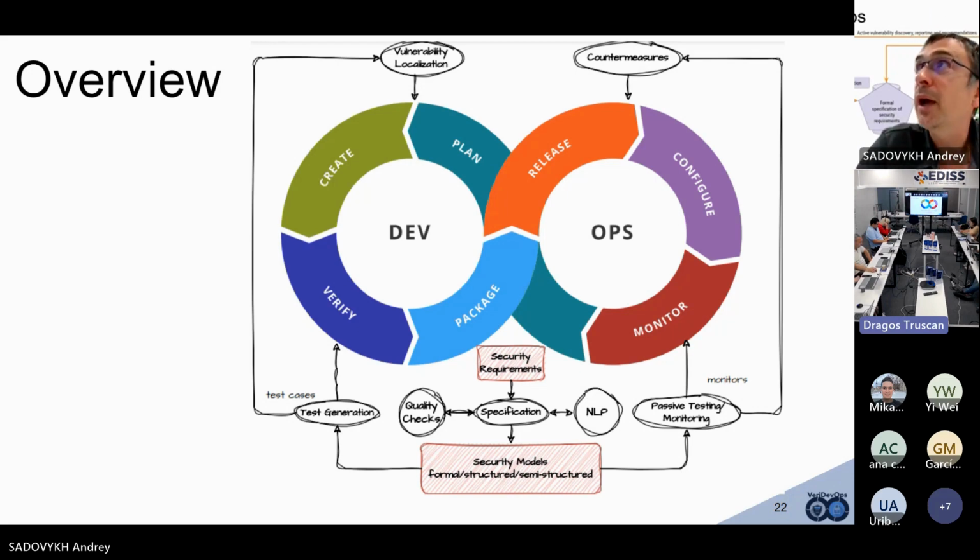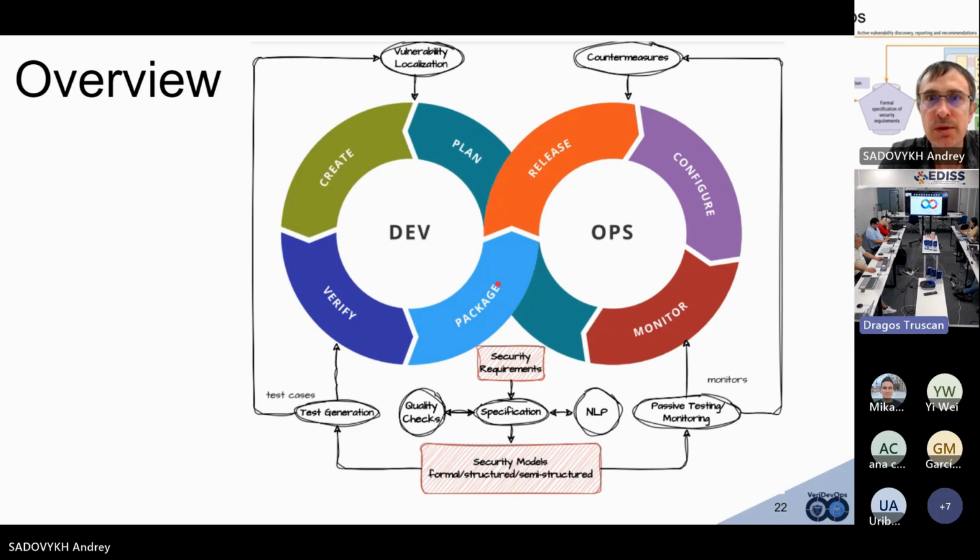That feedback goes back to the development stage, where we bring new features or fix particular issues discovered at operations, and develop the system again and again.